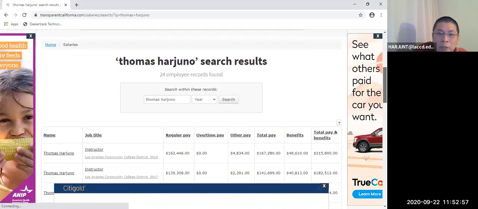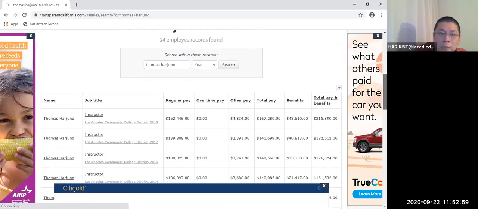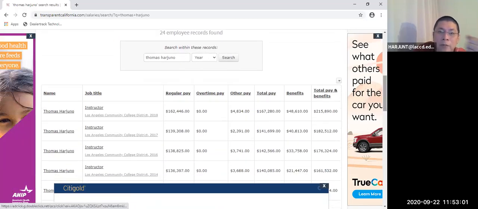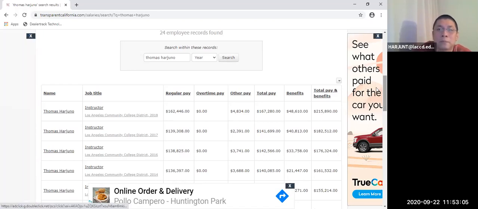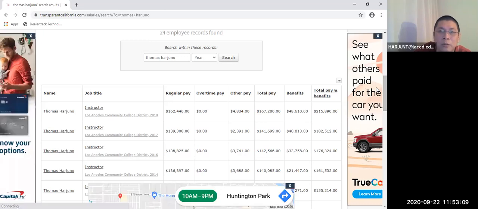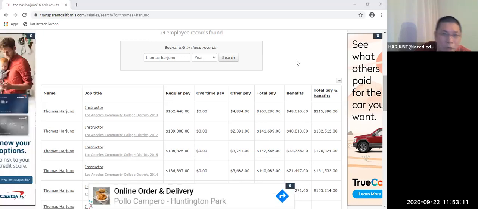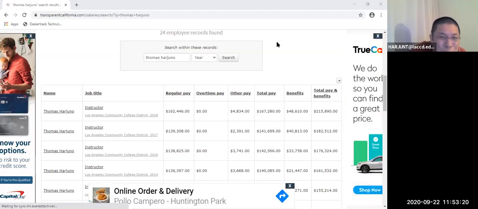This is how much I make. What do you think? Somebody says, holy shit. Somebody asked, is it before or after tax? It's before tax. After tax, no, I understand.